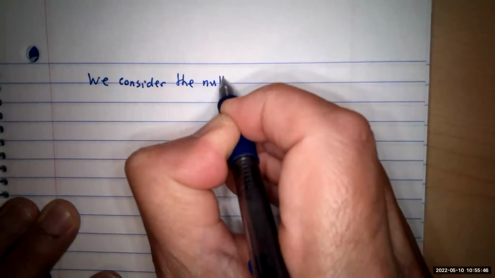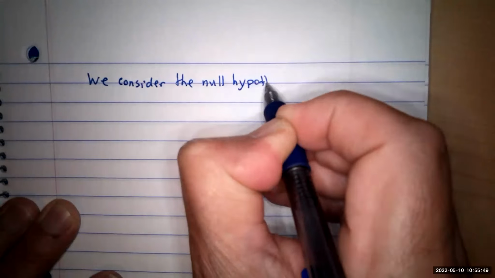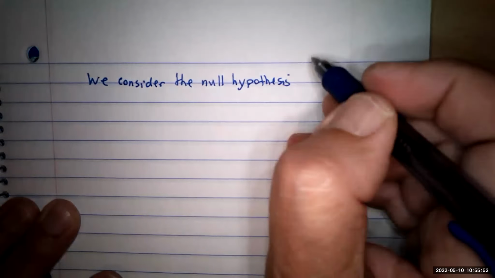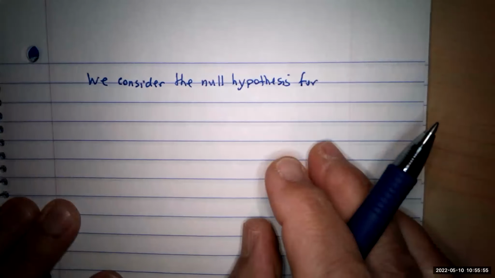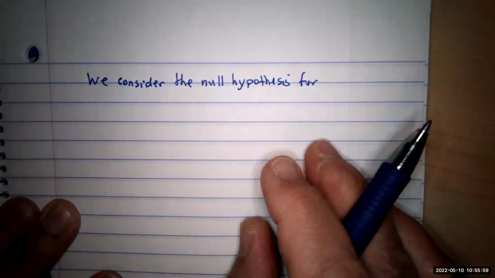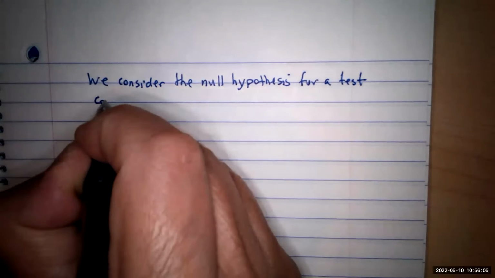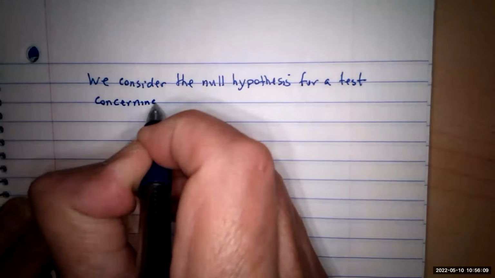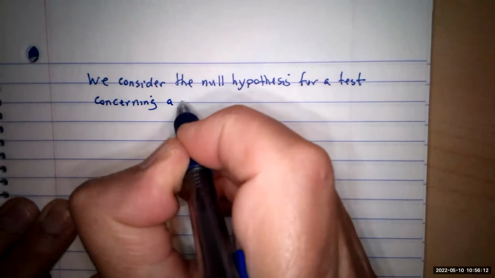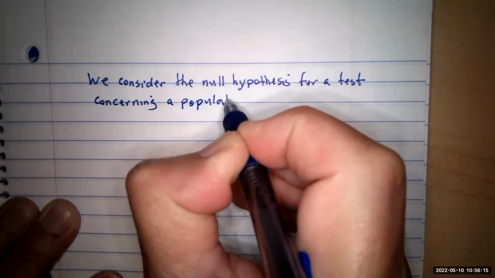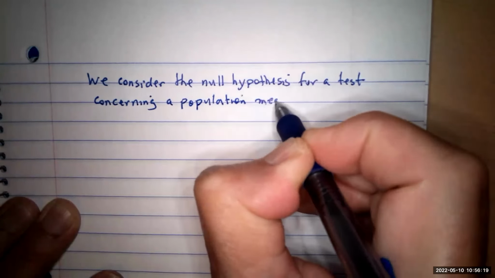So what we're going to do, in the first case that we have, we consider the null hypothesis for a claim, for a test concerning a population mean, mu.